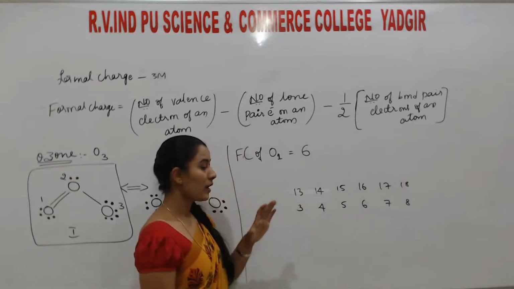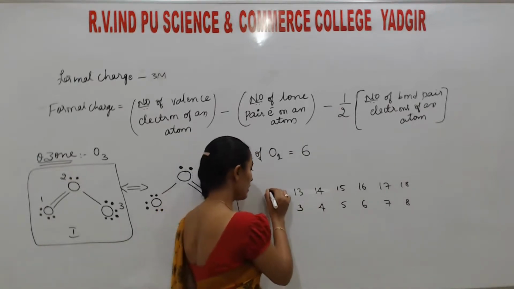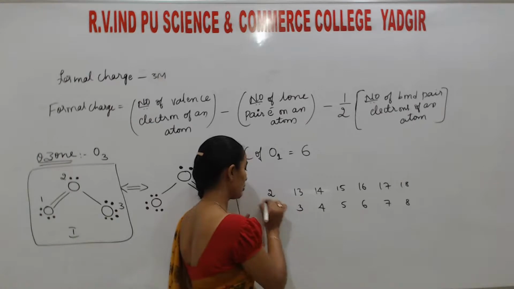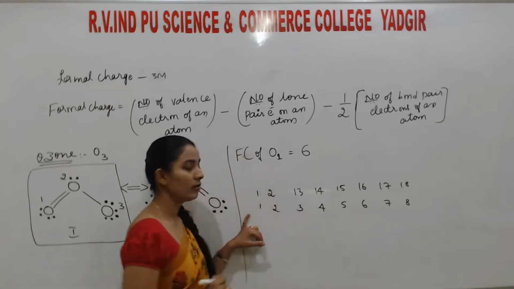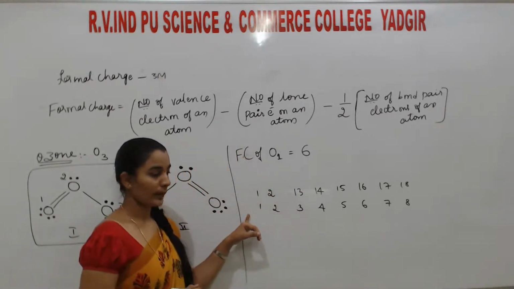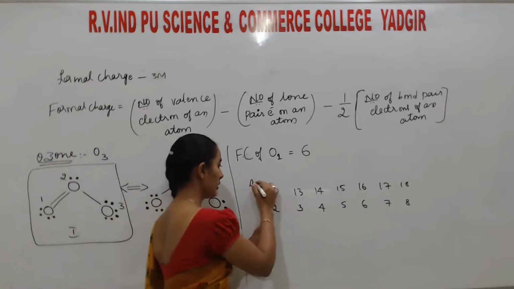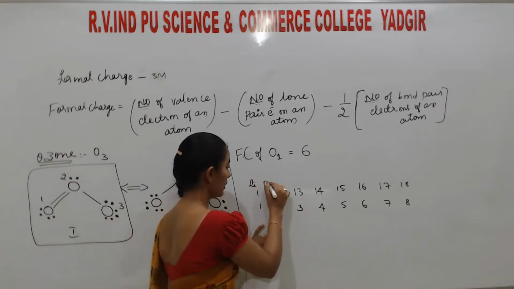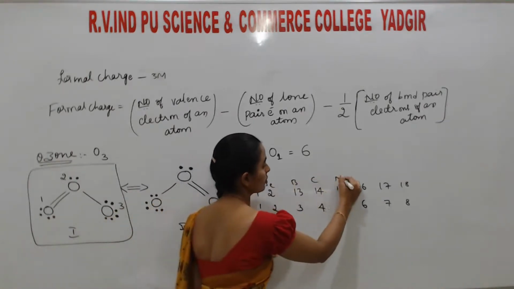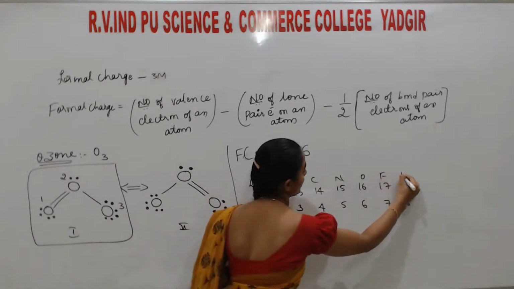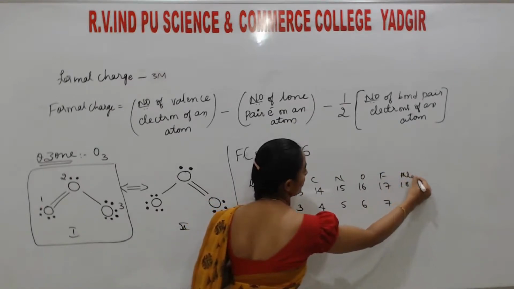Valence electrons means the number of outer electrons. You may take here the second group, valence electron 2. First group, valence electron 1. Nothing but lithium, beryllium, boron, carbon, nitrogen, oxygen, chlorine, helium.